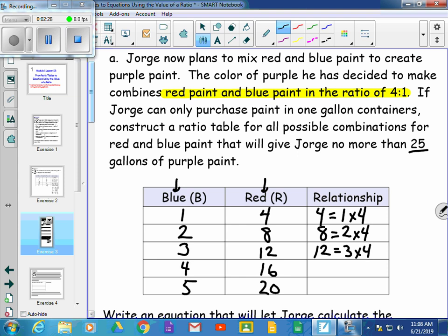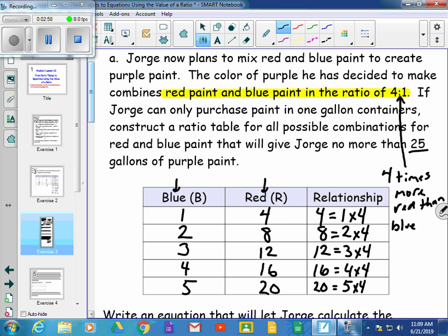We can figure out how much red paint he needs to mix with it by taking how much blue paint he has and multiplying it by 4. That ratio of 4:1, if we think back to previous lessons, means that he's mixing 4 times more red than blue. For every 4, there's 1 of the other.